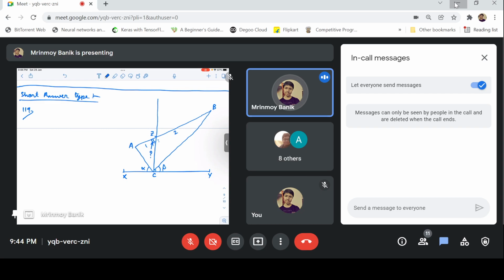What do I need to find? I need to find theta, right? We know AZ by BZ is half. AZ and BZ, so let's divide them. Yeah, we can use this, so dividing.